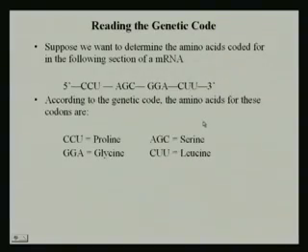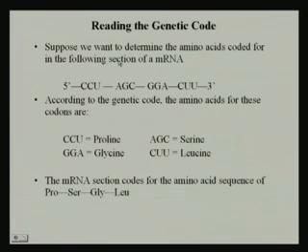Now, coming to the reading of the genetic code, suppose we want to determine the amino acids coded by the following section: 5 prime CCU AGC GGA CUU 3 prime, where we know proline is CCU, AGC is serine, GGA is glycine, and CUU is leucine.